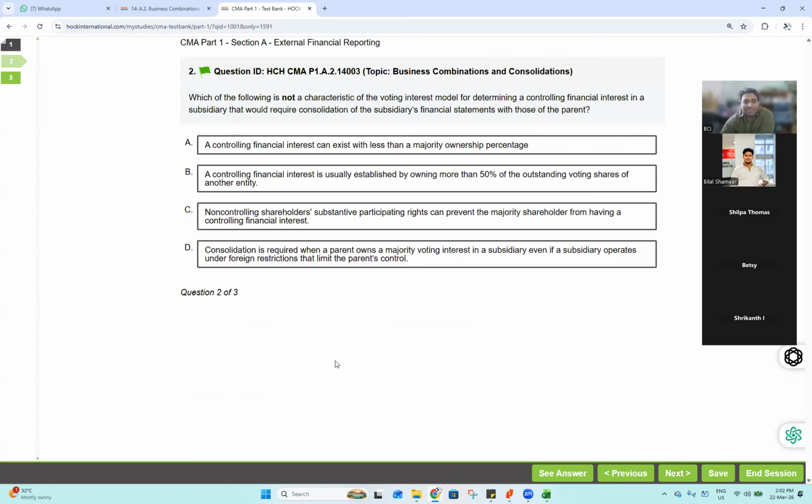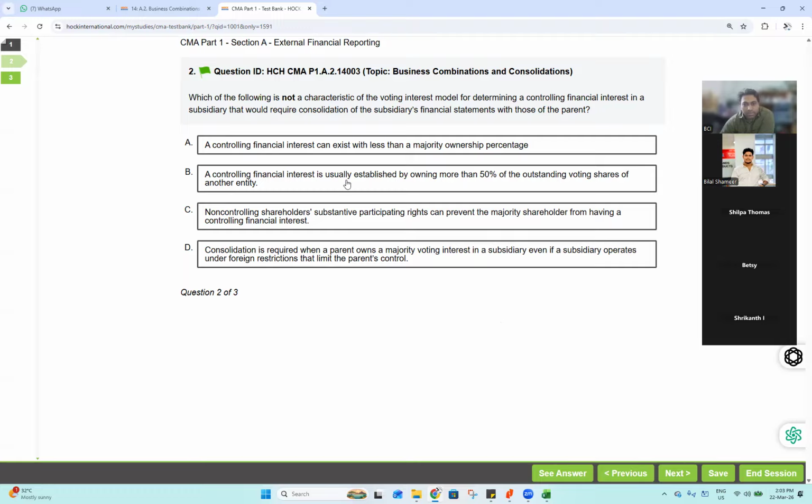Okay. Now, which of the following is not a characteristic of the voting interest model? That is the VOE model. It is for determining a controlling financial interest in the subsidiary that would require consolidation of financial statements with the parent. So here, which of the following is not a characteristic of a voting interest? Clear? Controlling financial interest can exist with less than a majority ownership percentage.